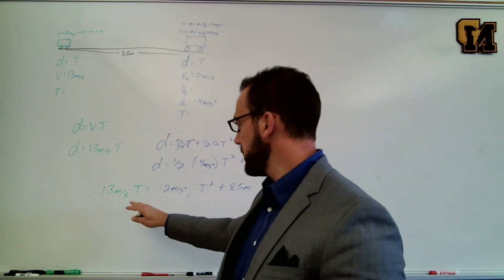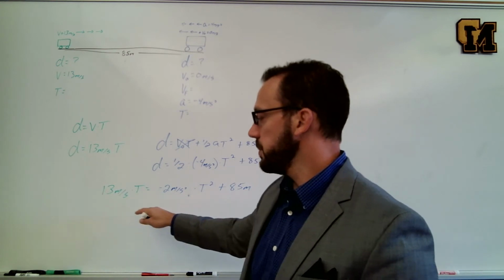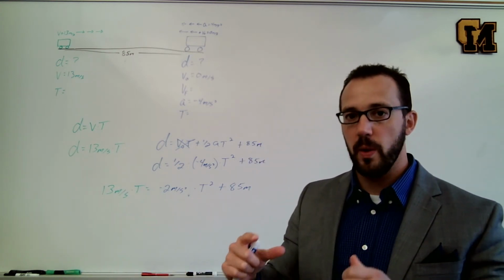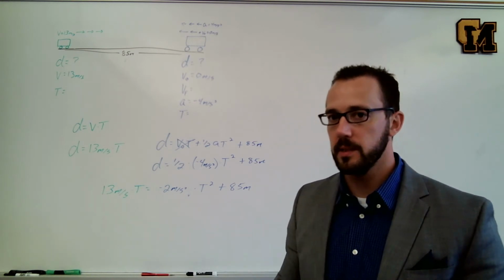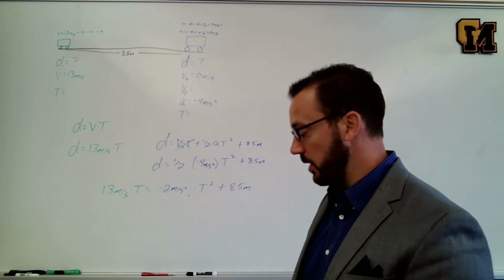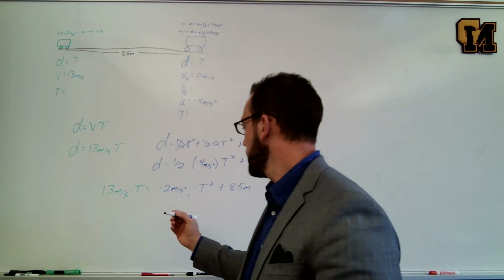To do that, I'm going to move the 13t over because the quadratic formula basic equation is 0 equals ax squared plus bx plus c. So I'm going to rearrange this so that it looks something like that.